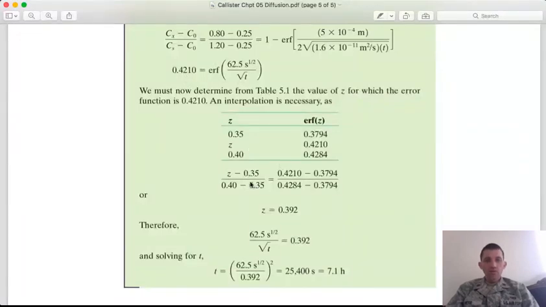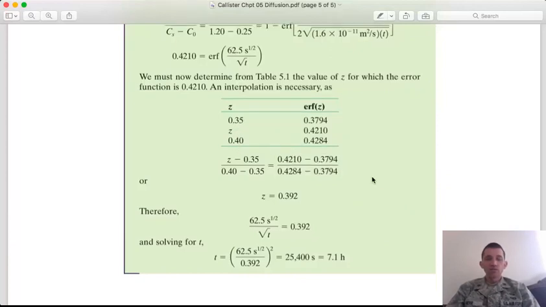We can use that table to interpolate and kind of undo the error function to figure out, if my error function of this inside portion equals this number, what is this actually equal to? That would be our z function here. And so in the table we can see that if our error function of z is 0.421, that's between these two values here, which correspond to z values 0.35 and 0.4.